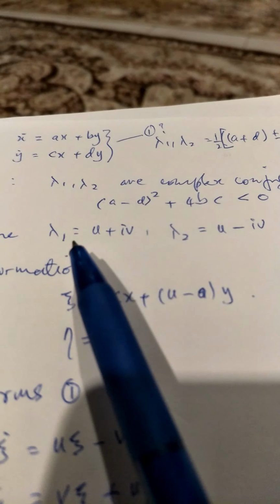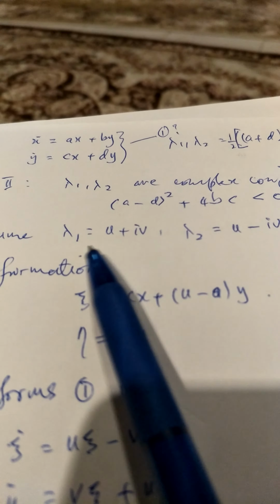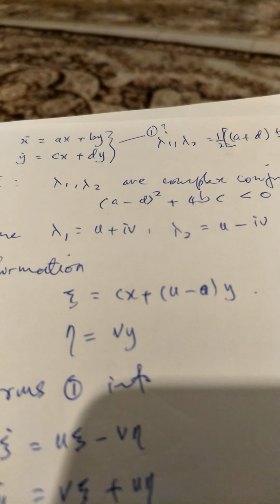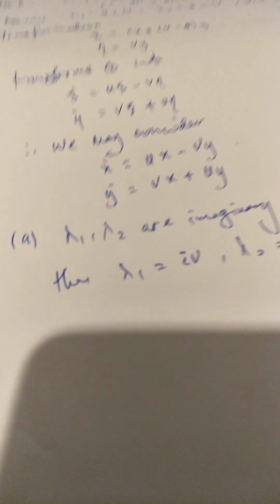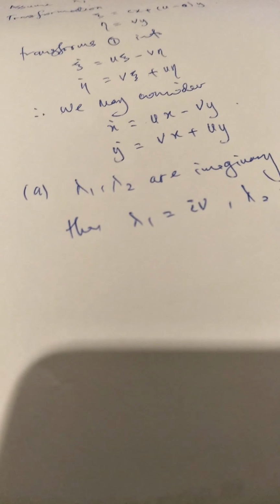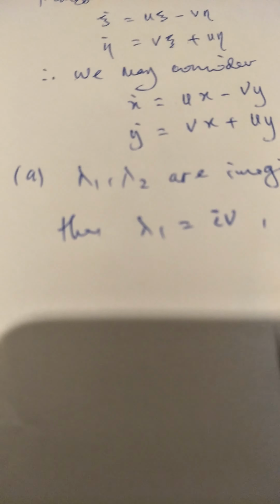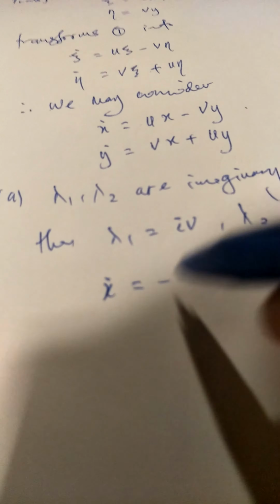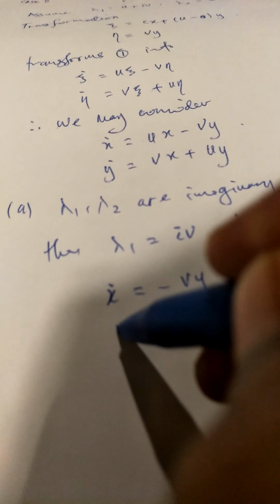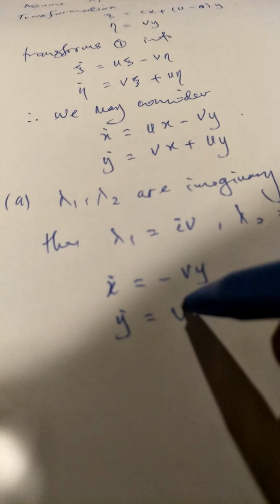The system becomes x dot equal to minus vy, y dot equal to vx.